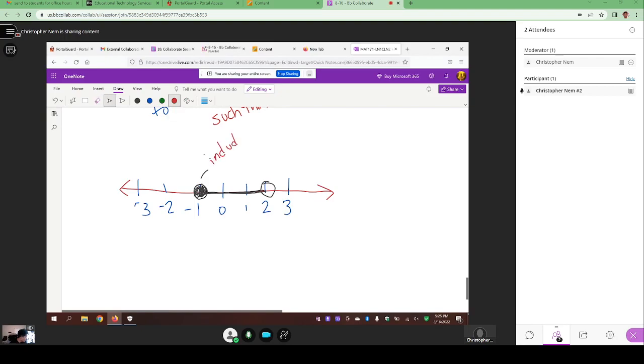Now, we are still including 0 and 1, but the thing that we start off with is -1, and we are including -1. However, the number that we're ending at is 2. The problem is it is not colored in. Because it is not colored in, this will signify not include.